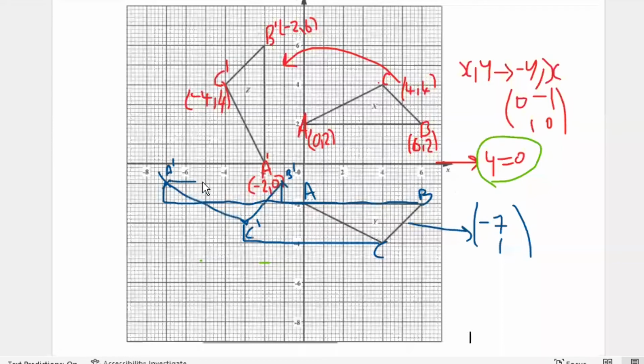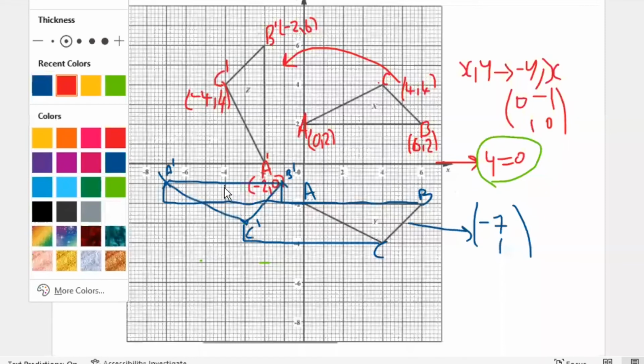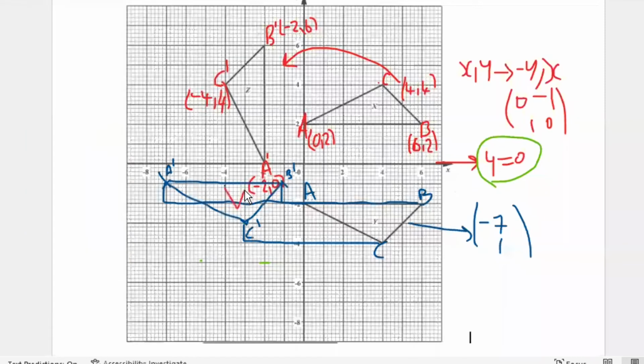This is our newly found triangle, and they said we should label it as V. So all you're doing is finding where the points are and labelling it V, and you'd have gotten your mark. Using the graph is an easy way of finding where exactly your triangle is being translated to. Any question from this?